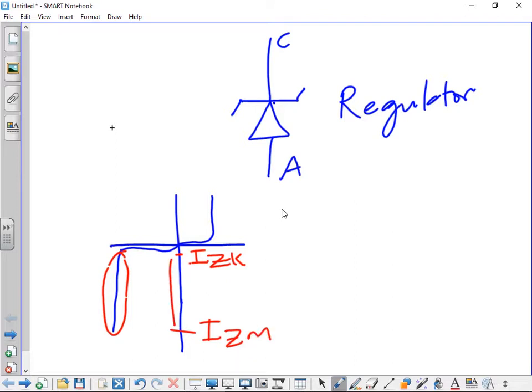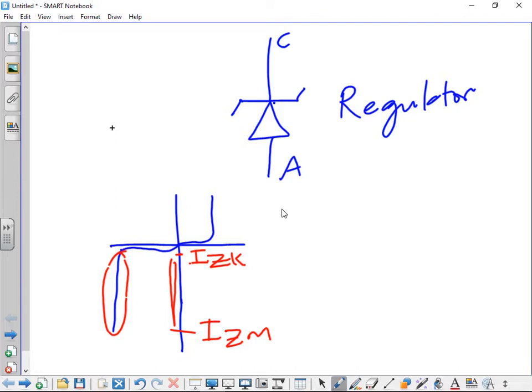This is the area in which your Zener diode operates. So the minimum current through the Zener for it to maintain regulation must be IZK. And the maximum current for a Zener to operate and maintain regulation must be IZM.